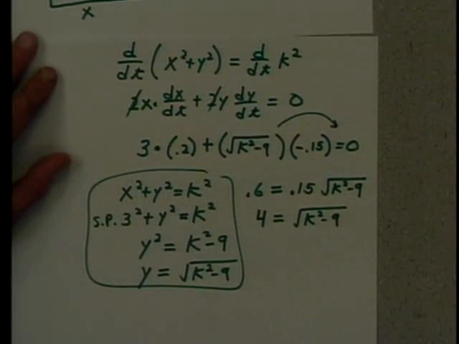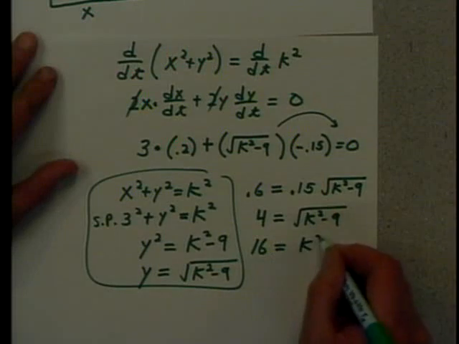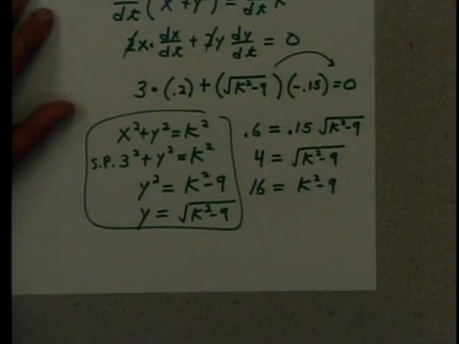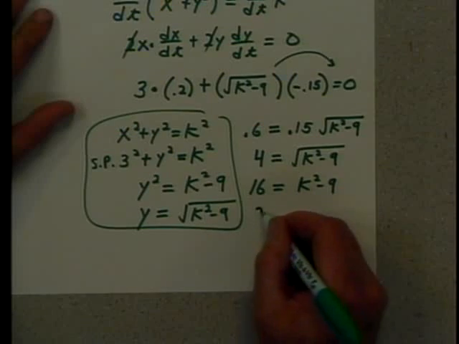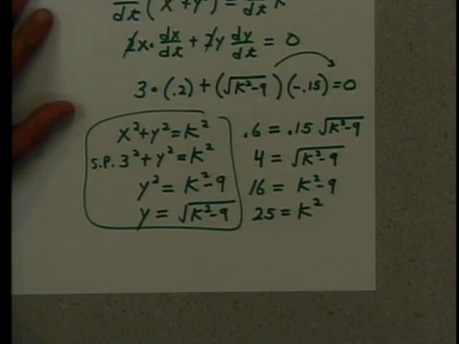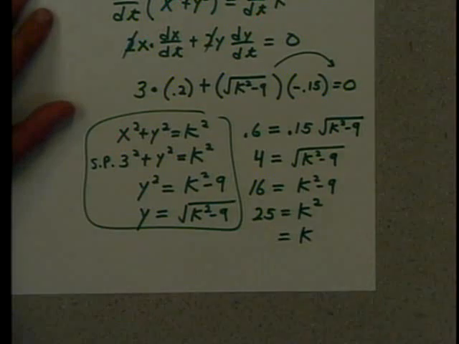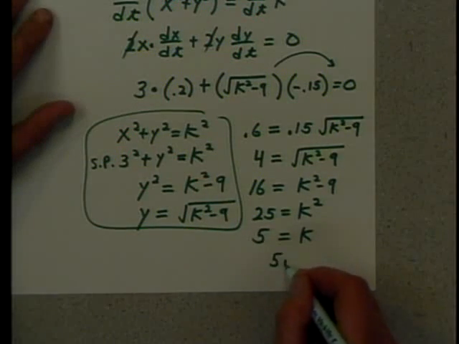How do you solve an equation like that? Right, you square both sides. Then what? Add 9. Double rigged. So what does that make k? So the final answer? That ladder must have been 5 meters.